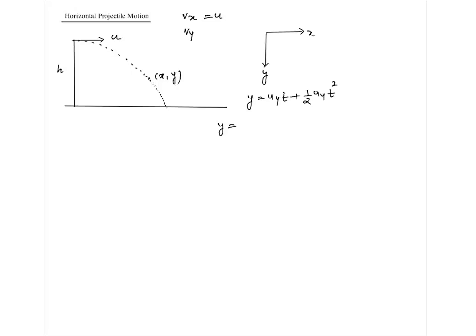Zero. Velocity is in horizontal direction. This is horizontal direction. So vertical component is 0. And ay is equal to plus g.